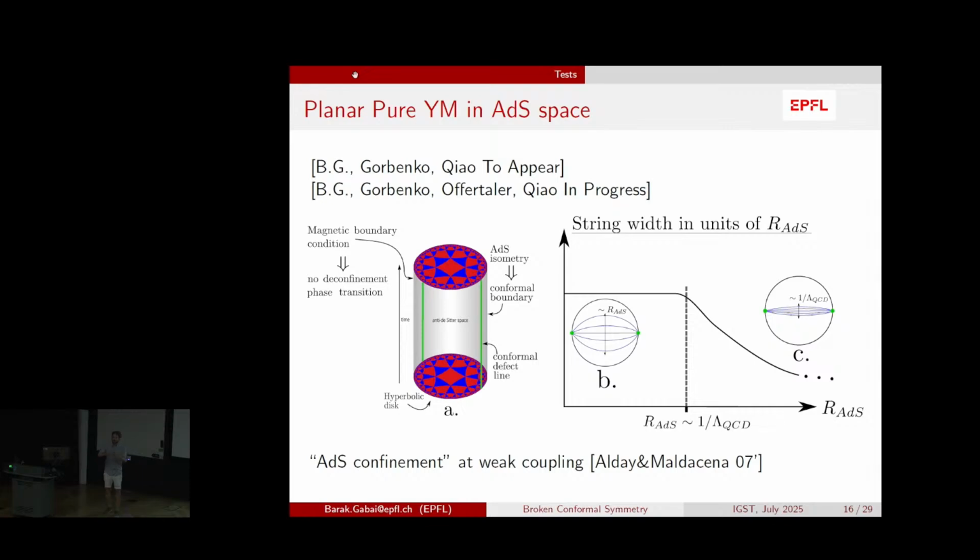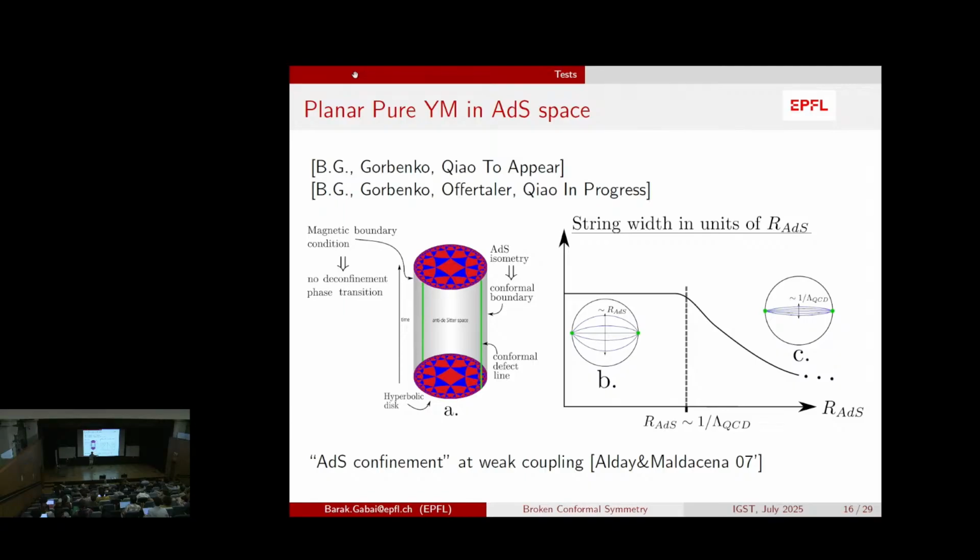And the string is not even allowed to grow up to size 1 over lambda QCD because of the geometric confinement. So even if I put a non-confining gauge theory in AdS, I will get this kind of fluffy string in the beginning, but this line will just stay straight, this string width in units of radius of AdS. What happens in the confining theory is that at some point it starts becoming smaller in units of radius.